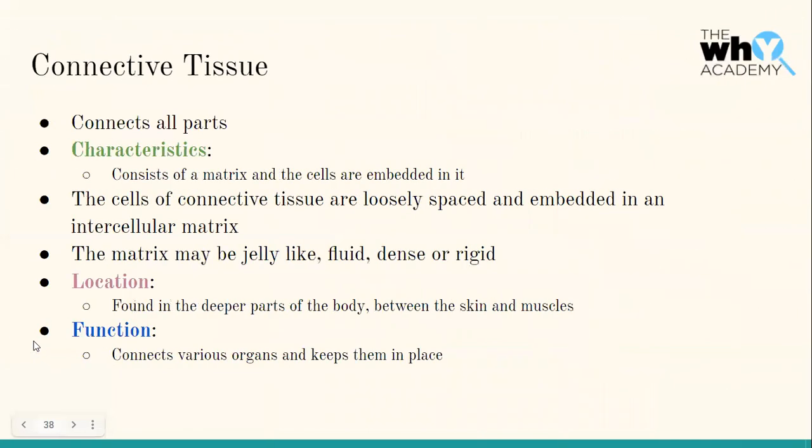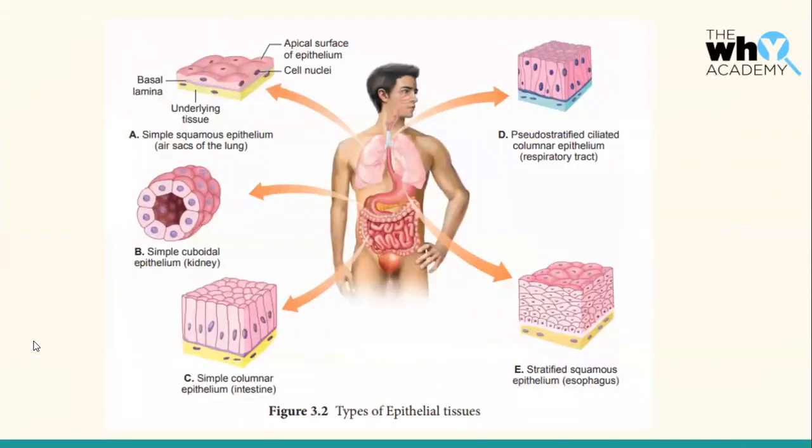Anything is fine. Columnar is a stack of cells which look like a column, and in cuboidal, a stack of cells which looks like a cube. Make sure that they look a little different. Cilia will basically have small hair on top. That's all.